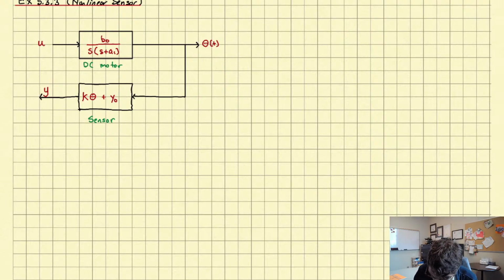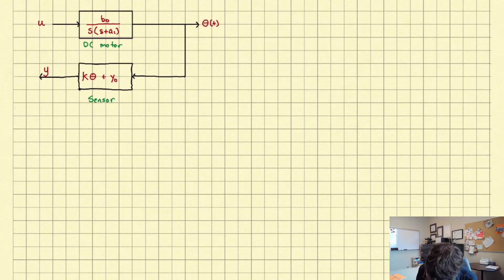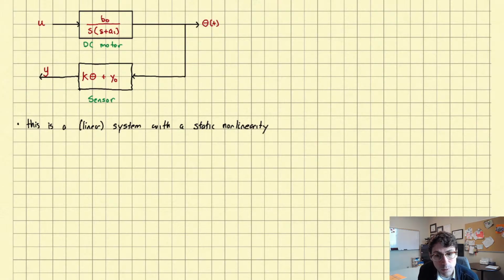So let me write that down. This happens to be a linear system with a static nonlinearity. Okay, and I'm going to use the same notation we used last class. Last class we used this capital phi symbol for our static nonlinearities.